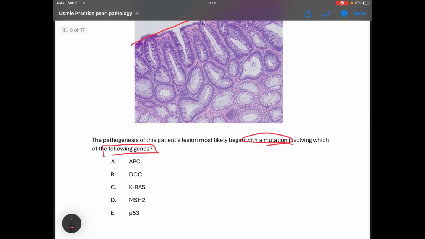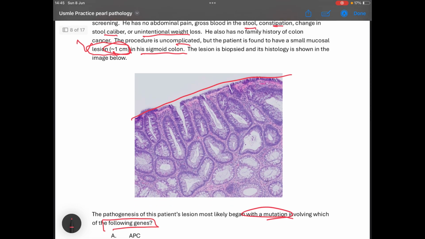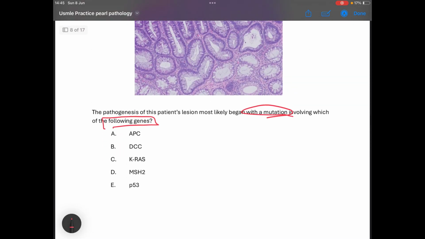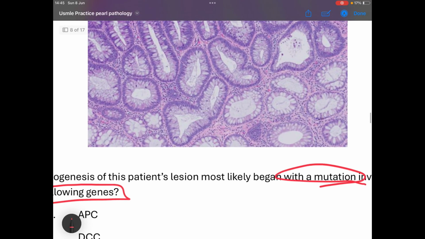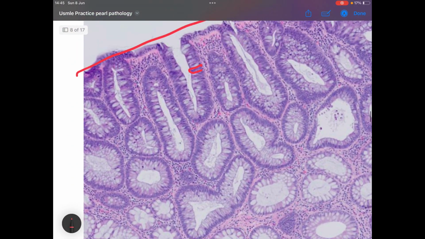But how can we diagnose? First, we have to identify the lesion. The size of the lesion is approximately 1 centimeter, and think about the diagram. So that is a tubular adenoma.